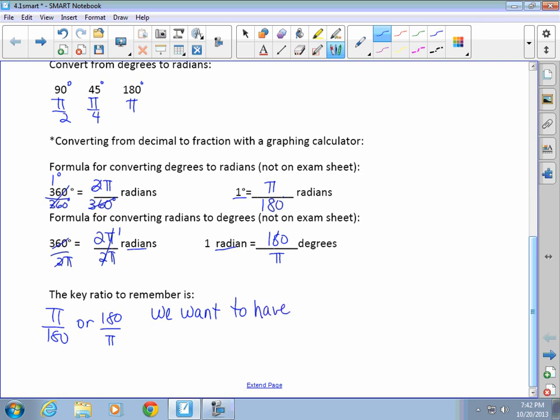So we want to have the same unit in the denominator as we are trying to get rid of. So if we're in radians, we're trying to get rid of the radians and turn it into degrees. So that means I need a radian in the denominator, or a pi in the denominator, to leave me with degrees only.